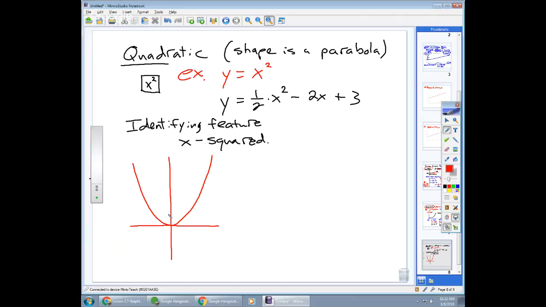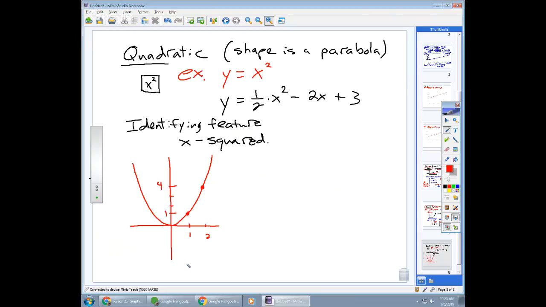So for example, y equals x squared is going to have the point (1, 1), because when I square 1, I get 1. I'm also going to have the point (2, 4), because when I square 2, I get 4.